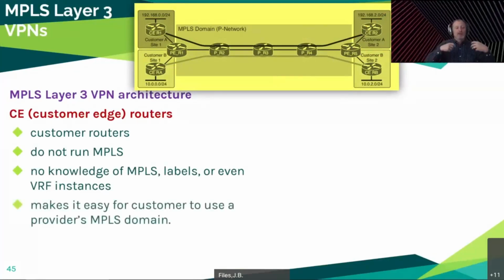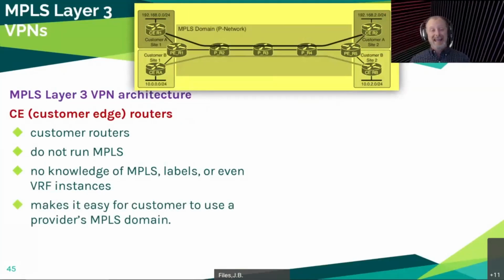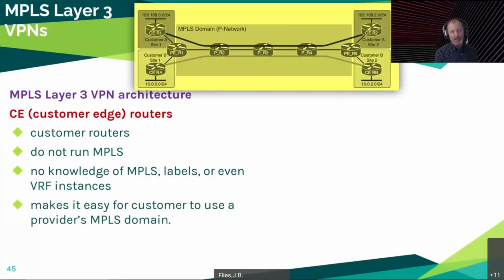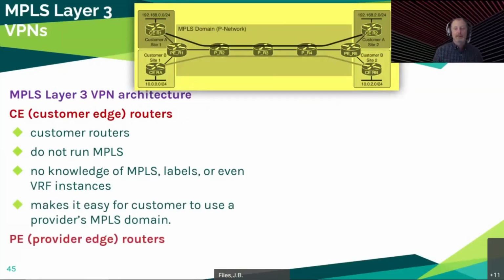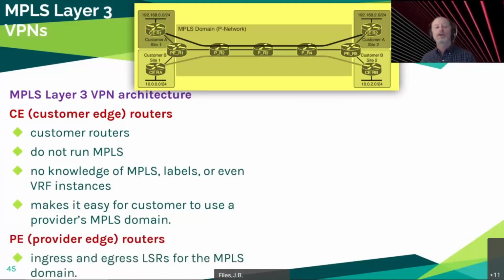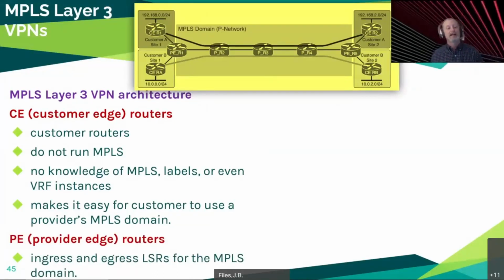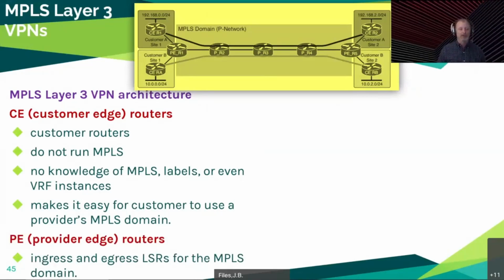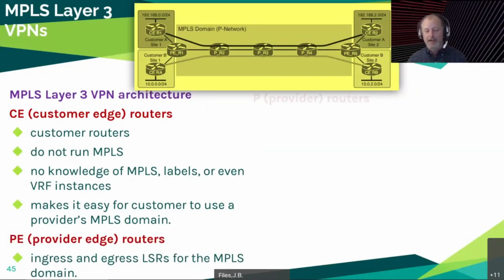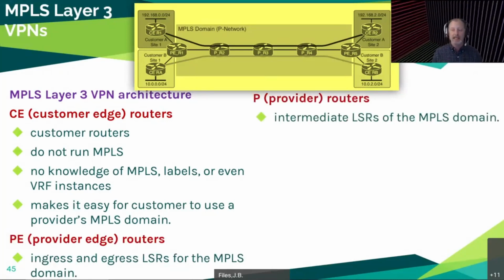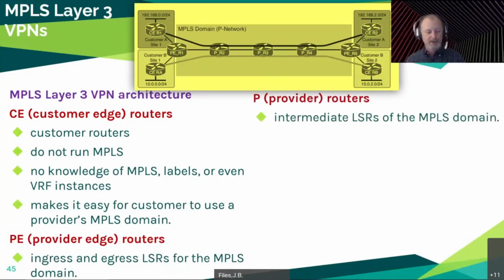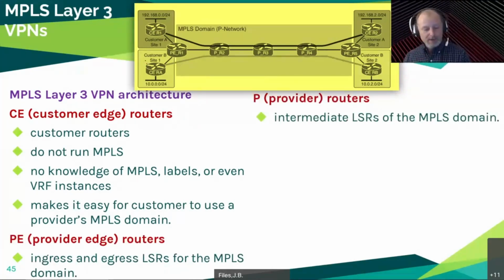Okay, so this way the whole MPLS thing is hidden from the customers. They don't care about it. The provider edge routers do all of the magic. Those are the ingress and the egress LSRs, or label switch routers, for the MPLS domain. All right, they are also known as P routers or provider routers.